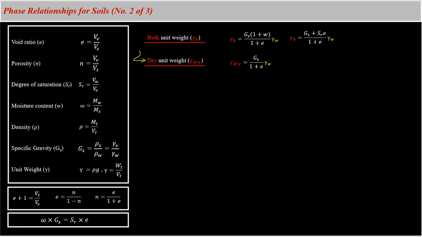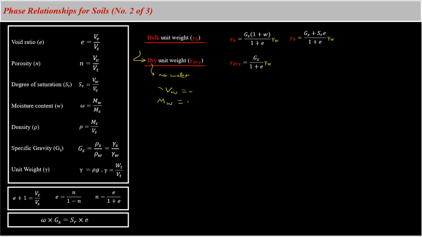This unit weight quantifies how compacted the soil particles are in a soil sample. That's why this unit weight is widely used in compaction problems. A dry unit weight is a unit weight of a sample that has no water. So all the voids are filled with air. Therefore, the volume of water is equal to 0, as well as the mass of water.